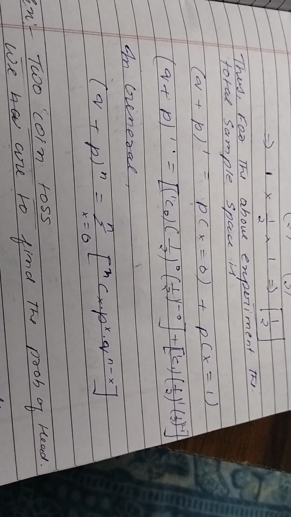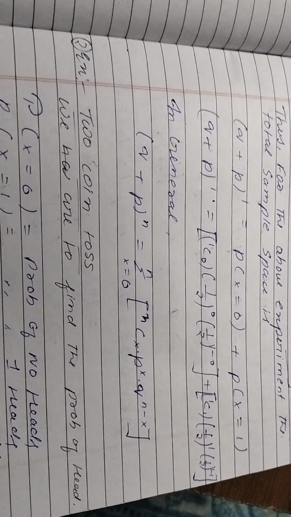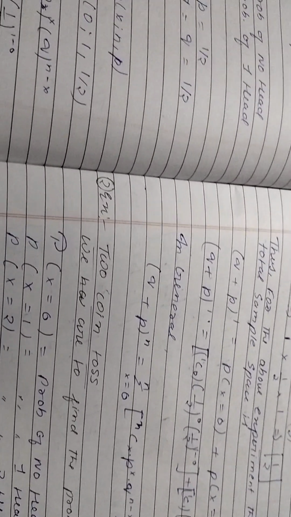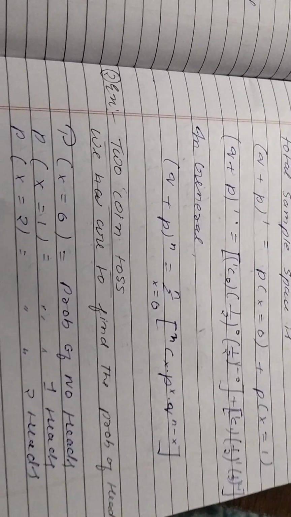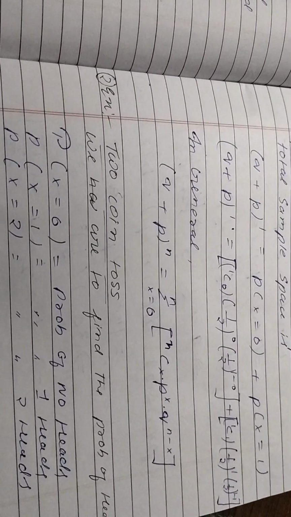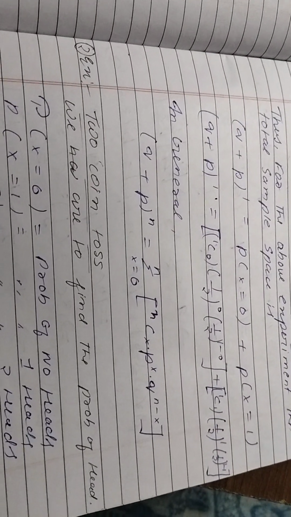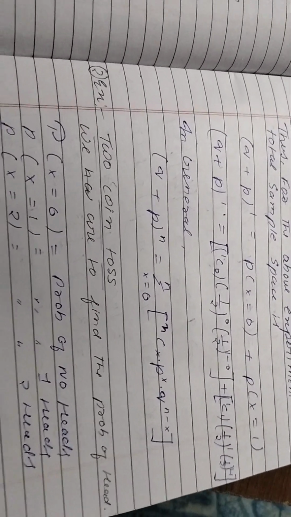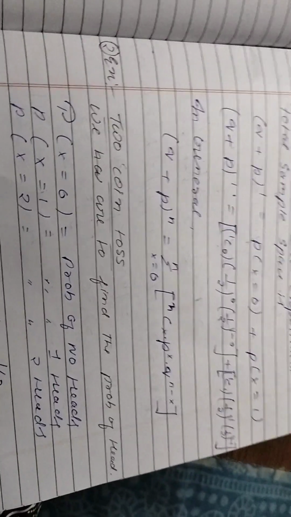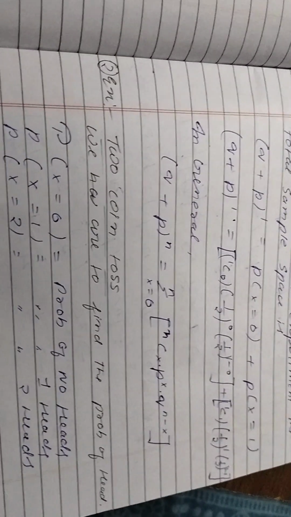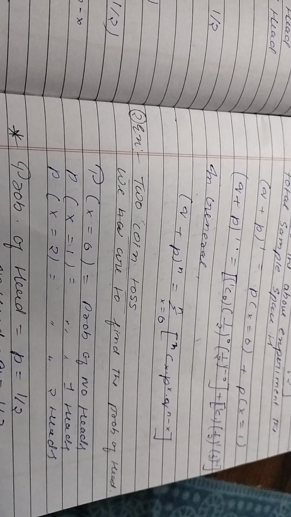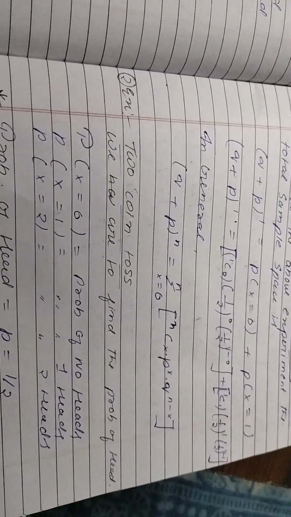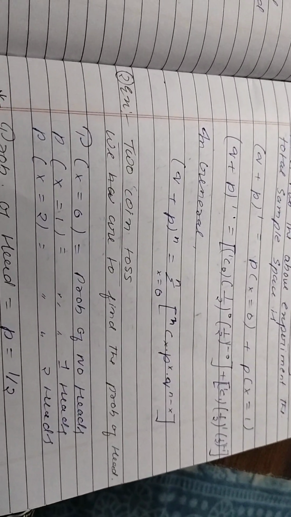For the above experiment, the total sample space, so success and failure, is added and raised to the power of 1: P(X=0) plus P(X=1), that is q plus p to the power of 1.